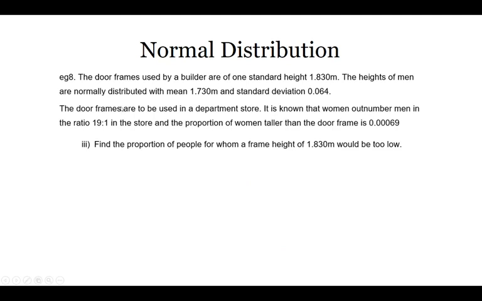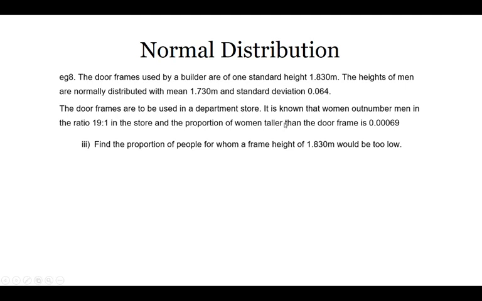The last bit of the question says the door frames are to be used in a department store. It is known that women outnumber men in the ratio of 19 to 1 in the store, and the proportion of women taller than door frames is 0.00069. Find the proportion of people for whom a door frame of 1.830 would be too low. So we're back at 1.830, so that was the very first bit of the question.